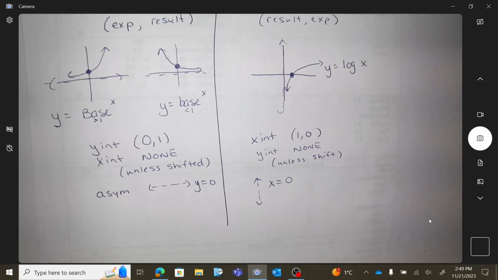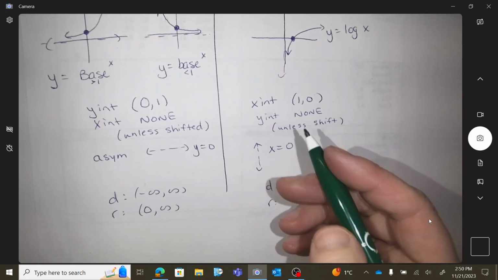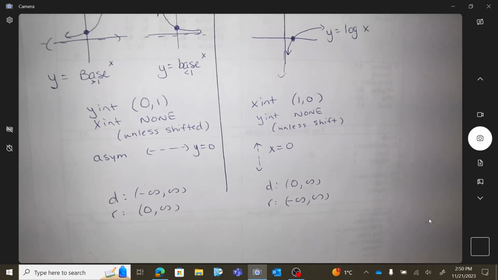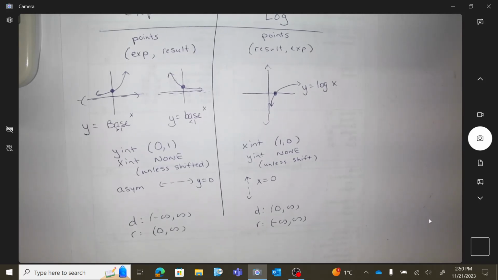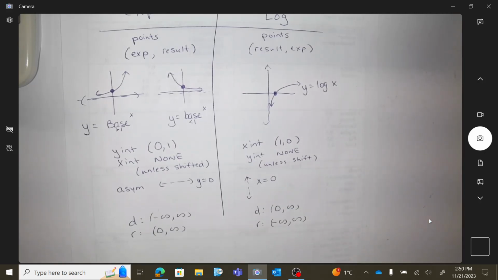Asymptote. Okay, see all the comparisons? And then we also talked about domain and range. So this domain was infinite, and this was 0 to infinity. Okay, so this is the basic foundation of exponents and log graphs, okay? Obviously, all these details here are the basics, and then transformations can change all that kind of stuff too.